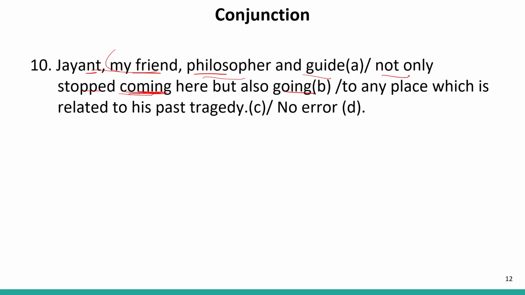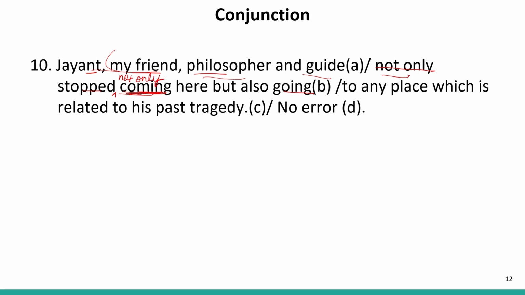Now here in this sentence, coming and going are the included parts. It means not only should be removed from this position and written after stopped: stopped not only coming here but also going to any place.